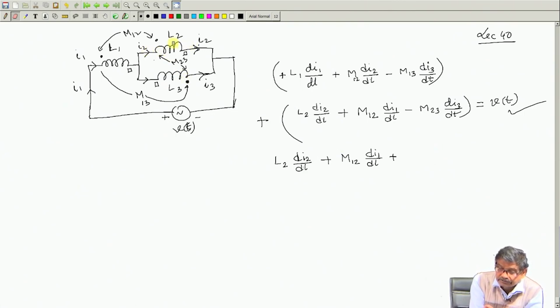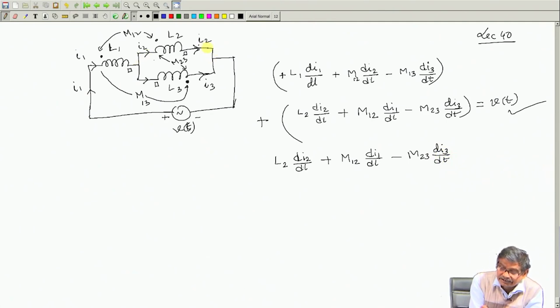So, 3 sources, self, and 2 mutual, this to this and this to this. So, what should be the polarity of this voltage? I2 is entering here, this must be minus, because the right hand side is plus, through the dot the square. So, this side will be plus. So, minus M23 di3/dt.